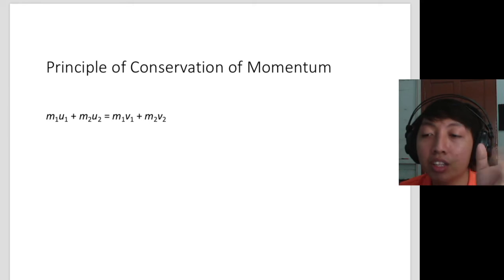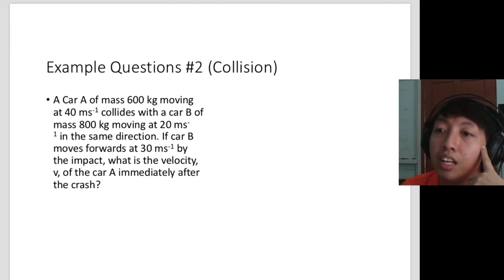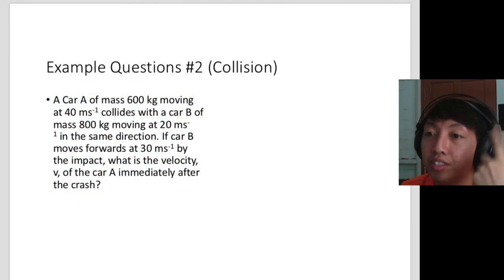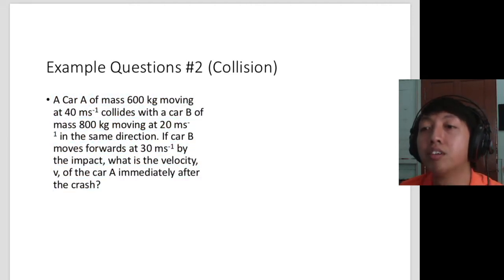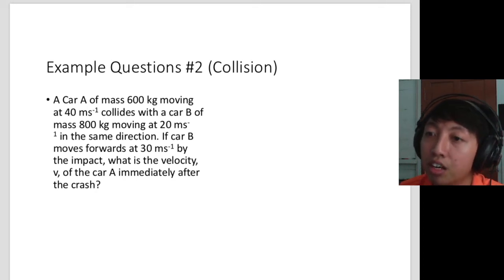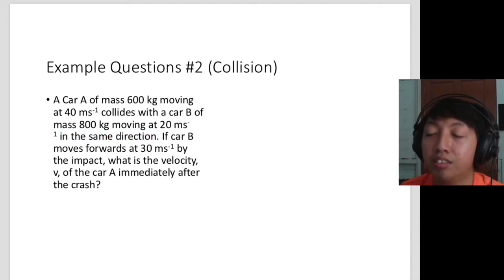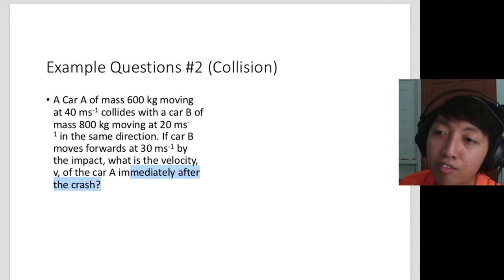Okay, to really understand it, you need to see an example. So let's try an example here. A car A of mass 600 kilograms moving at 40 meters per second collides with a car B of 800 kilograms moving at 20 meters per second in the same direction. Okay, so let's look at our information here.